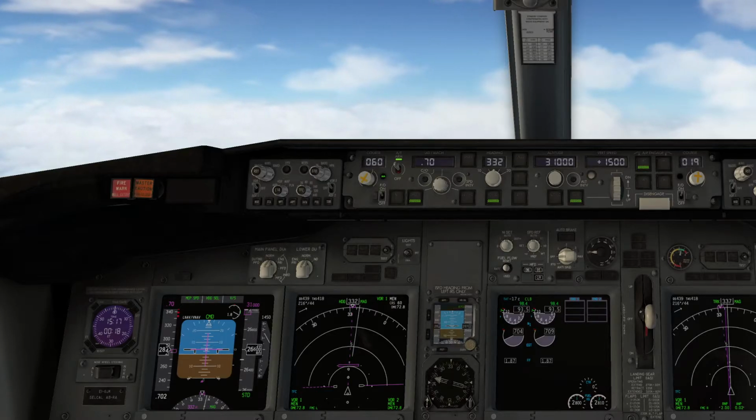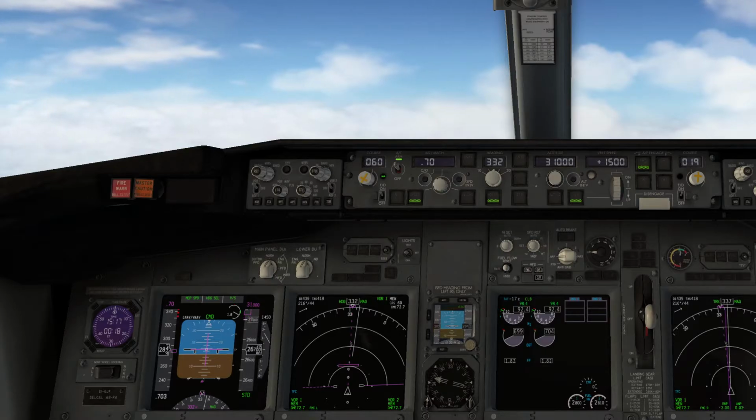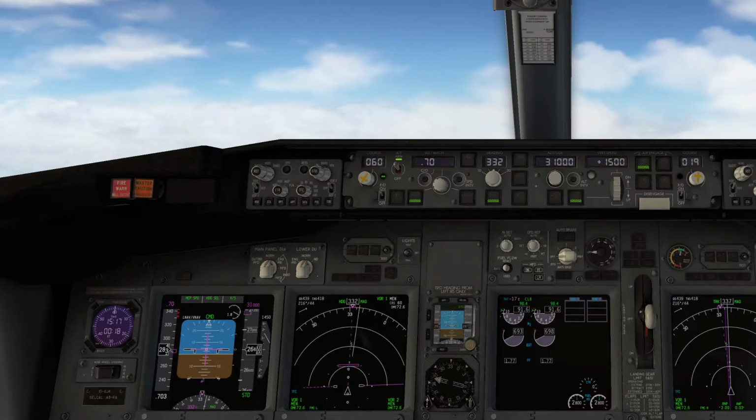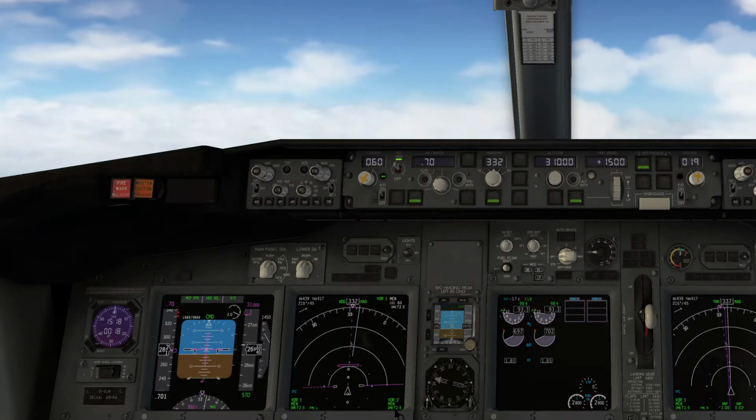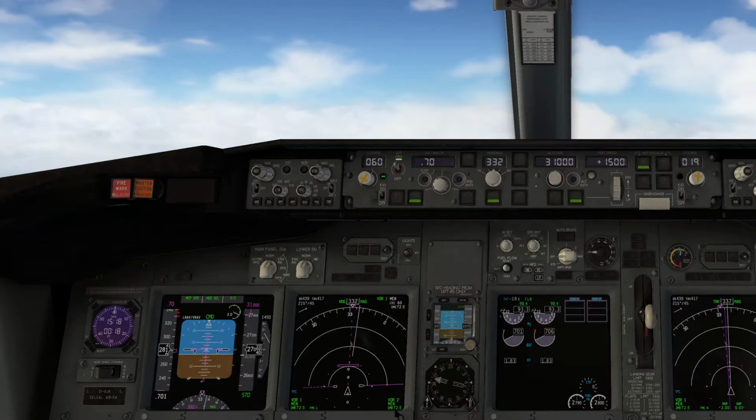That will be waypoint Etrek, Echo Tango Romeo Echo Kilo, and it should be on the Mende 060 radial, 71 nautical miles. We are 72.5, still decreasing but very slowly.